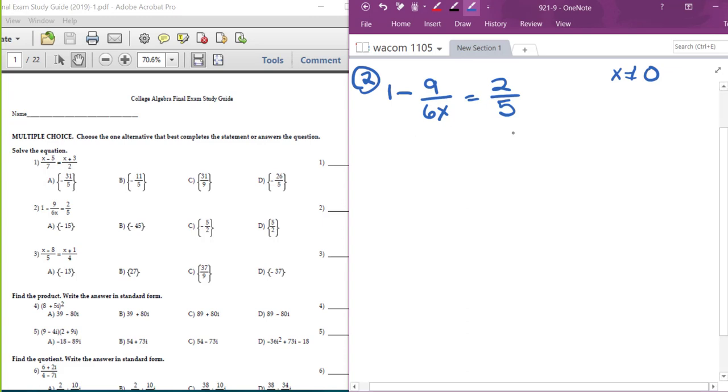We would pick our common denominator, and it would be 30x. And then you multiply everything on the top by a 30. Sorry, by a 30x. And you're doing this to make all your denominators cancel.